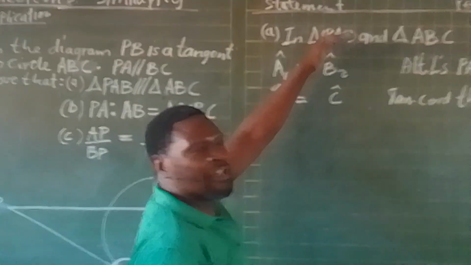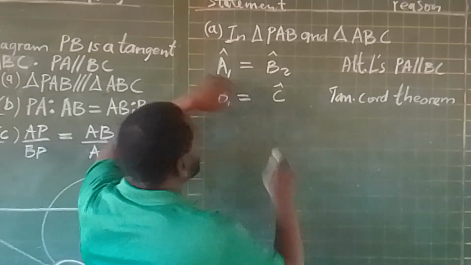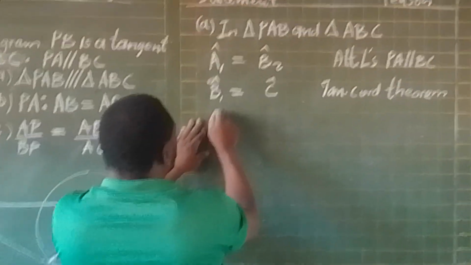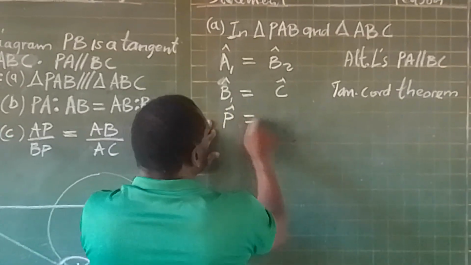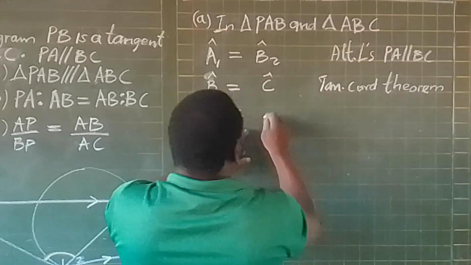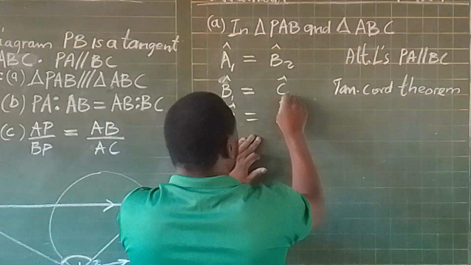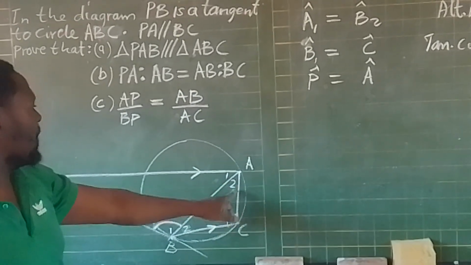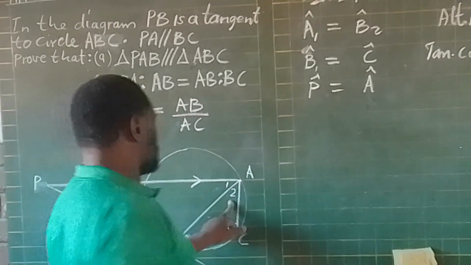You simply go and grab the last angle. You have AB in PAB, you are left with P. P is equal to, you have BC in triangle ABC, you are left with A. Angle P is equal to angle A, which A? A2.